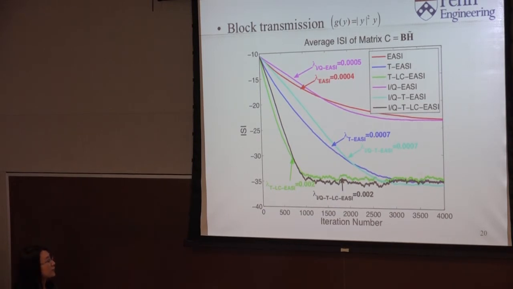And these two are much better than the original EASI algorithm. So that means with structure constraint, we could make the convergence of the algorithm much faster and improve the performance as well.